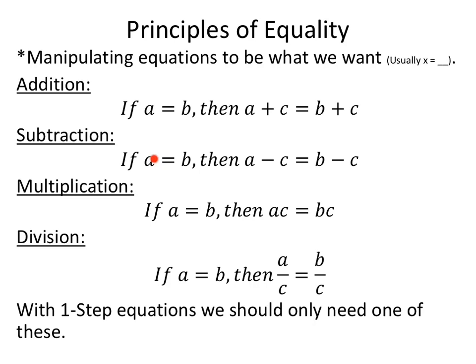Or you could subtract the same thing from both sides. Or you can multiply the same thing on both sides. Or you can divide the same thing on both sides. Generally speaking, most teachers will say, if you do something to one side, you got to do the same thing to the other side, okay? And that's kind of the phraseology that I'm going to be using. Whatever you do to one side of the equal sign, you got to do to the other side. Okay, and that maintains equality.